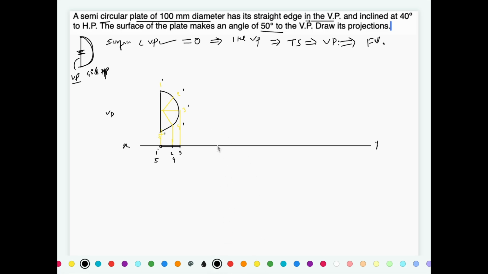Next, first locate the 1 and 5 points over here, because that is to be kept on VP, so that is on the XY line. The surface is inclined 50 degrees to VP. So from here we'll draw one line which is inclined at 50 degrees.